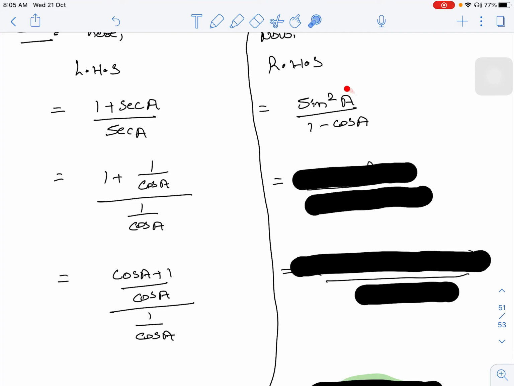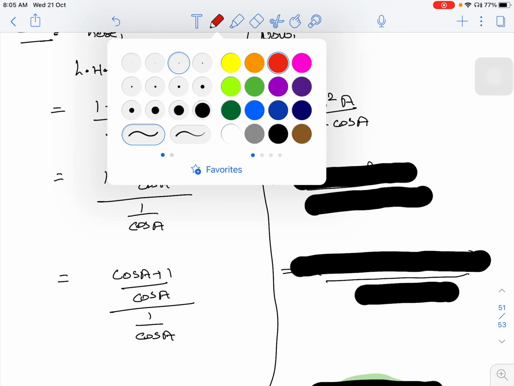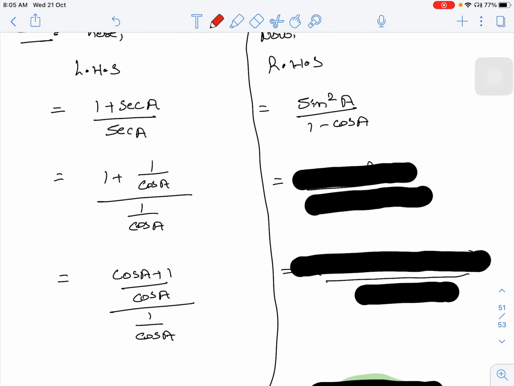Now this sine square A, we have seen an identity that sine square A plus cos square A equals to 1. Okay, let me write that identity for you people. We have seen that sine square A plus cos square A equals to 1.